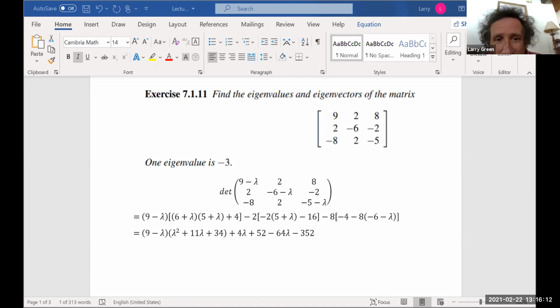Yeah, so it gives negative lambda cubed minus 2 lambda squared plus 5 lambda plus 6. Let me put that in because you're not looking at that. So -1, -2, 5, and 6.